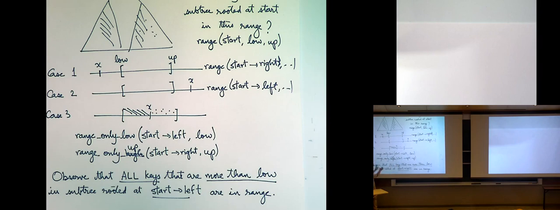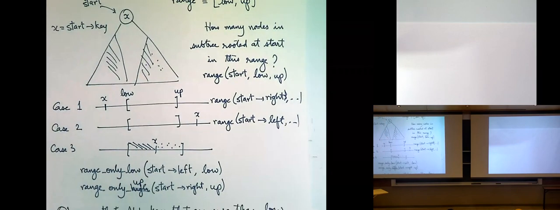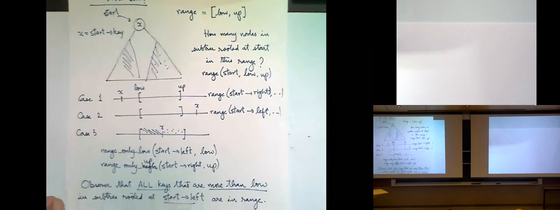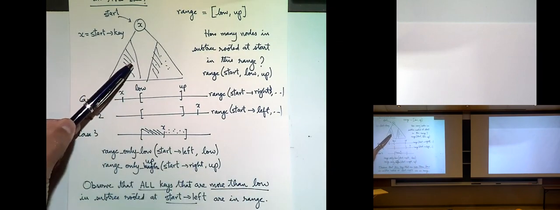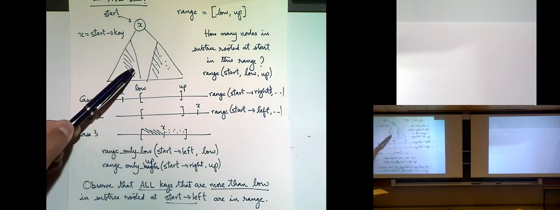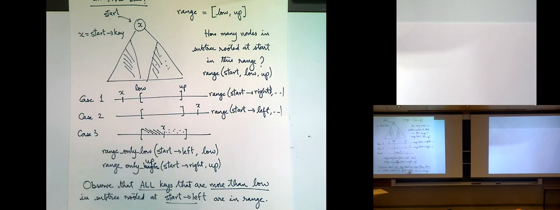So what they're saying is that you know that in this subtree, being the left subtree, every key that is more than low is in the range. In the right subtree, everything that is less than up is in the range.